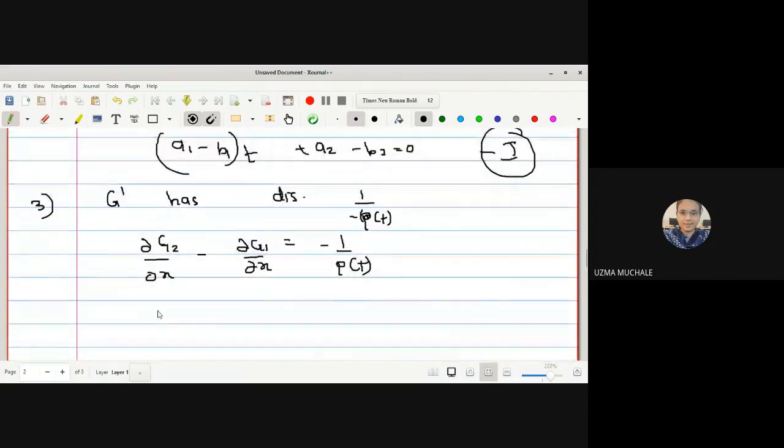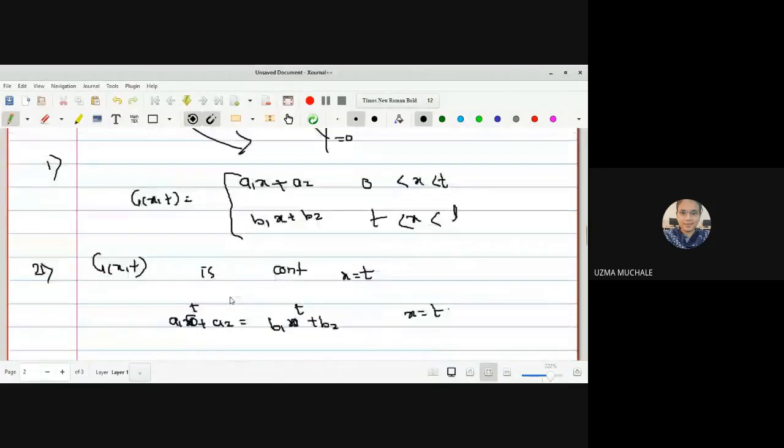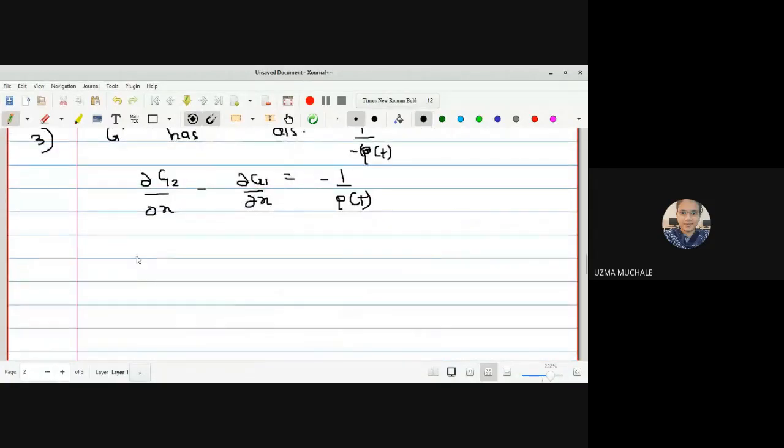The derivative of G2: here you can see b1x plus b2. Okay, let me write down. This is b1x plus b2.